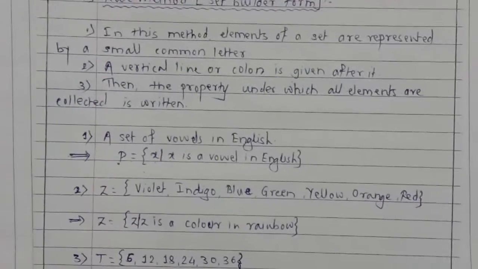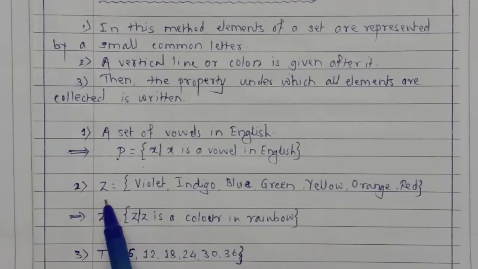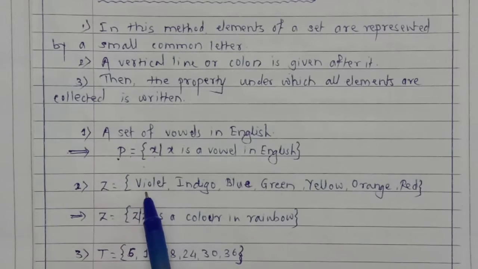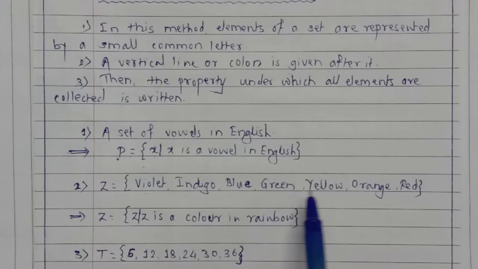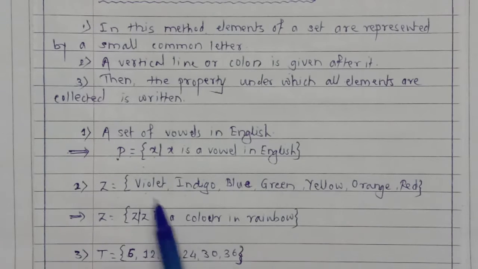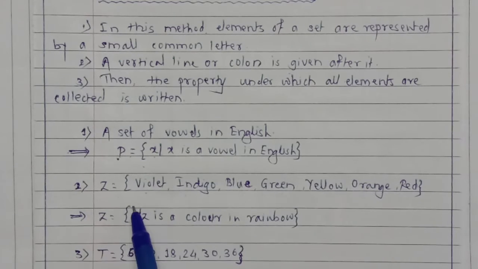Here is the second example. Z is a set of these colors: violet, indigo, blue, green, yellow, orange, red. These are elements of the set. If you observe, all these colors are part of a rainbow. So here is the set Z equals, in curly brackets, small z. Elements are written by a common small letter, a vertical line, z is a color in a rainbow.